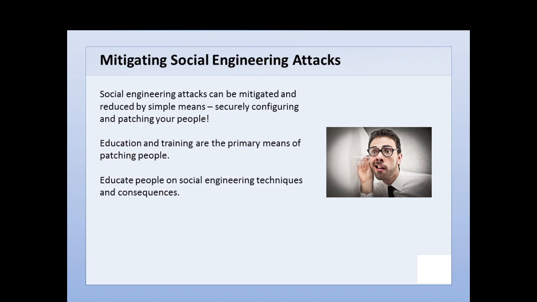So what can you do? Well, you can educate and train your people. As a matter of fact, education and training is really the primary means of patching people. It's the thing you really need to do in order to lower the risk of social engineering in your organization. What you do is you educate people on social engineering techniques, how it works, what the ramifications can be, and tell them how to avoid social engineering attacks and prevent them.